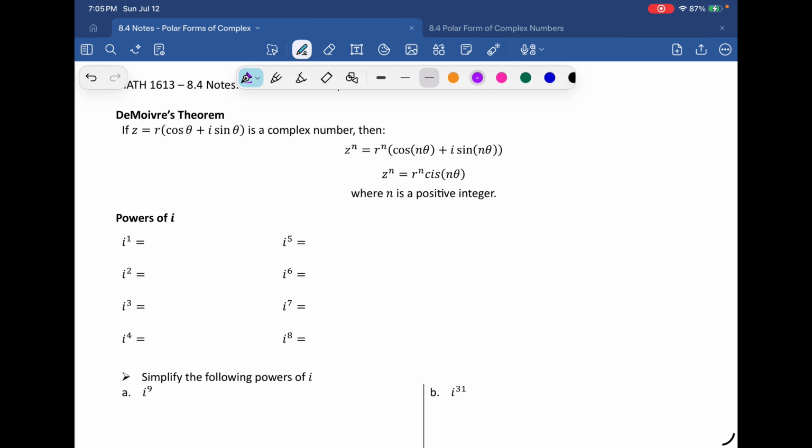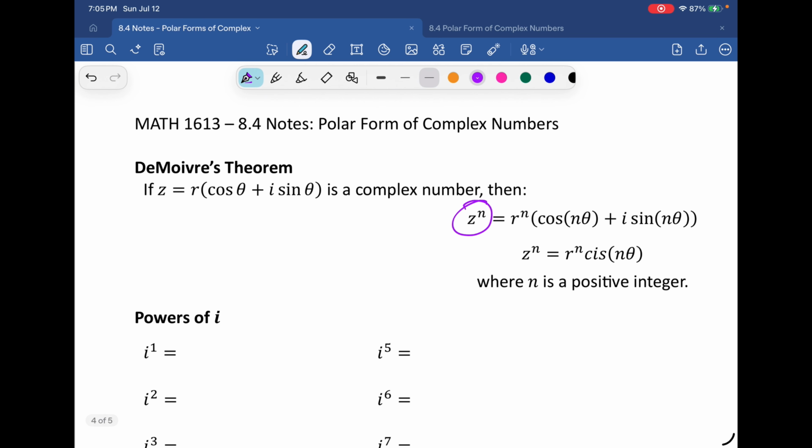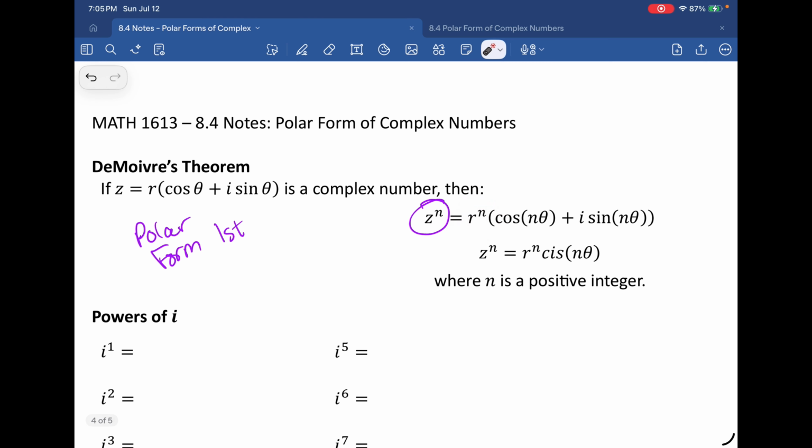Oh my gosh. A complex number to a power. Put it in polar form first. Once it's in polar form, raise the radius to that power and multiply the angle by the power. So polar form first, radius to the power, multiply the angle by the power.